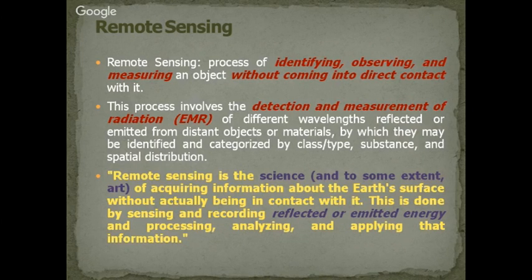But at the same time, this process requires a lot of expertise, skills, as well as creativity of the observer or the analyst, because given a condition, different people, depending upon their expertise, will interpret a satellite image showing similar spectral responses in a different way. So that is why extracting information is part of the art of acquiring information.